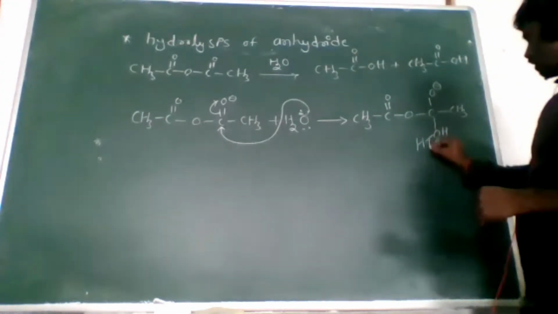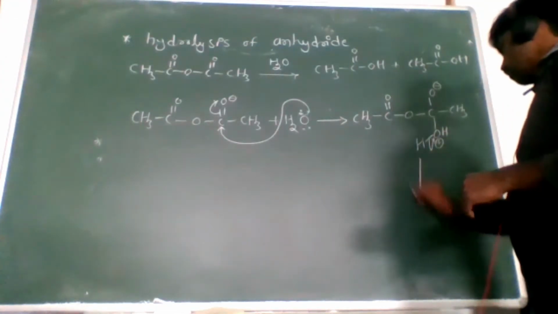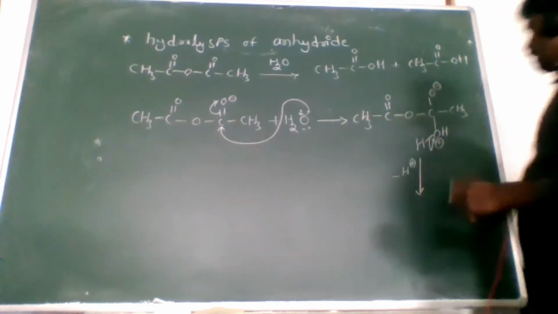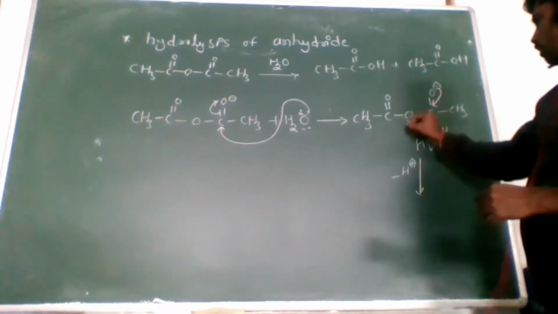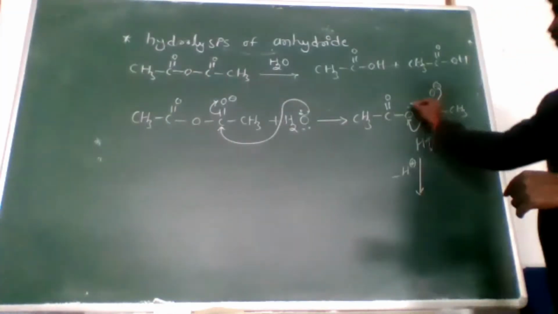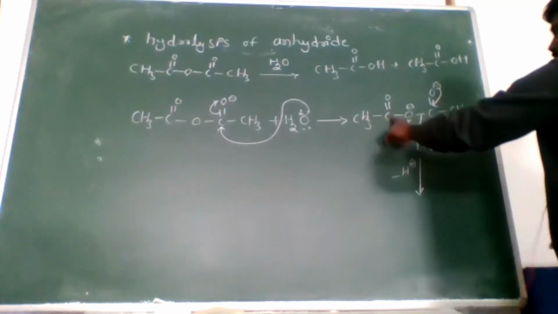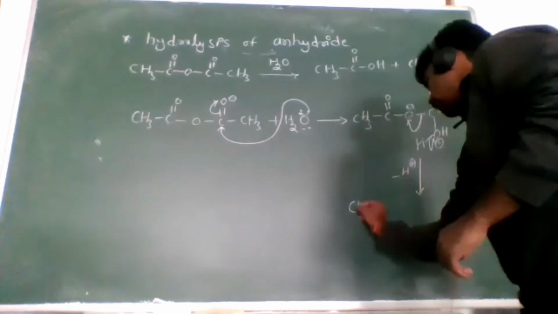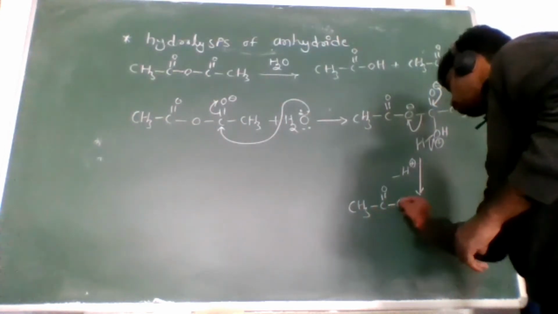Now here these electrons shift to the oxygen side. So here the H plus ion is removed, right? Once these electrons shift inside, this one goes outside. So this O minus, this H plus, CH3COO minus and this H plus form CH3 C double bond O OH.